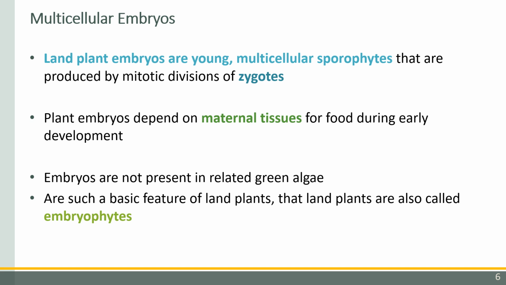Plant embryos depend on maternal tissues for food. This is no different than a bird egg or a uterus. So just like fetuses in a human uterus are being nourished by maternal tissues, just like baby chicks in an egg or baby turtles in an egg are being nourished by the contents of that egg, exact same thing is happening.